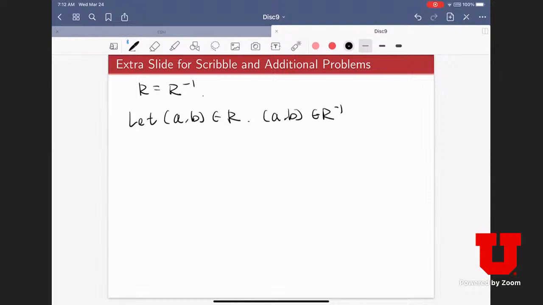And then since (a, b) is in R, and by the definition of inverse, we know that (b, a) has to be in R inverse.